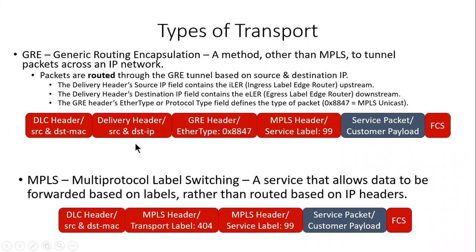And that's when we'll have these additional headers, our delivery header for our source and destination label edge router, and our GRE header with the ether type. But in the case of MPLS, that same customer payload or service packet belonging to that same service simply has a transport label pushed onto it.